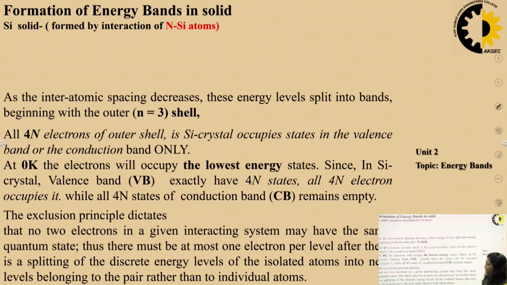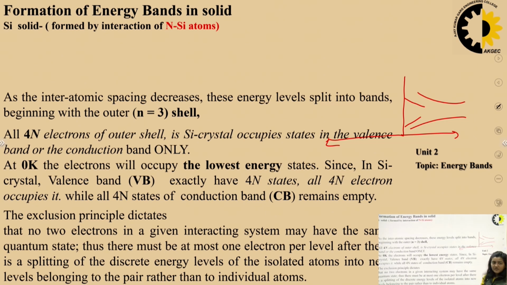Now as the interatomic spacing decreases, the energy level splits into bands. Suppose we have these energy bands, and as we move towards this, this is the splitting of energy bands.